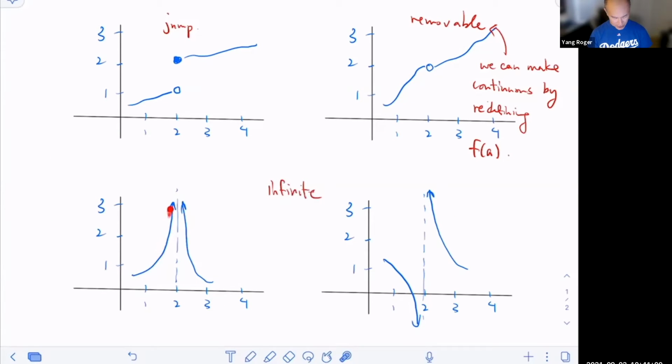When I get to 2, I definitely have to lift my pen to continue drawing the graph on the other side. But when I take the limit coming from one of the two sides, in this case both sides, it's going to be an infinite limit, right? So infinite discontinuities involve infinite limits.